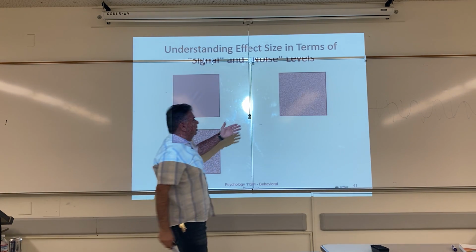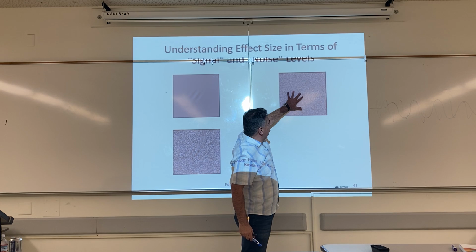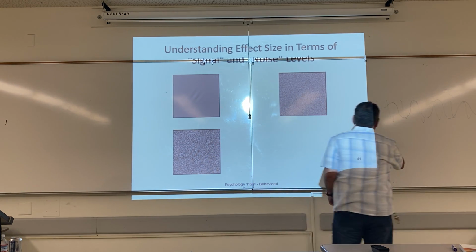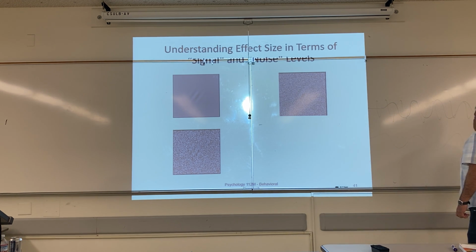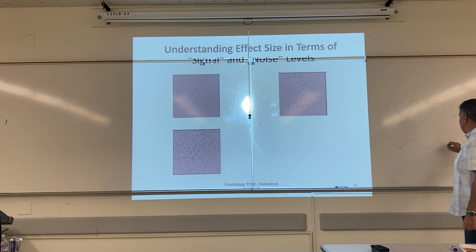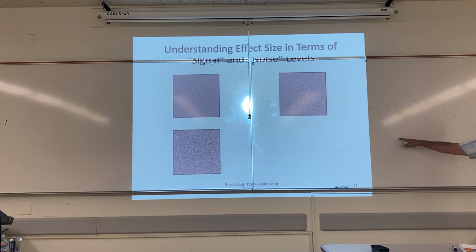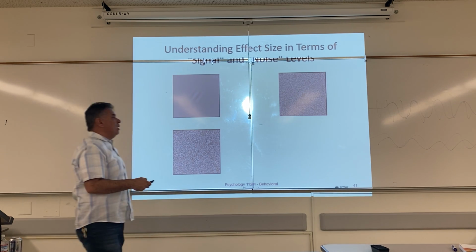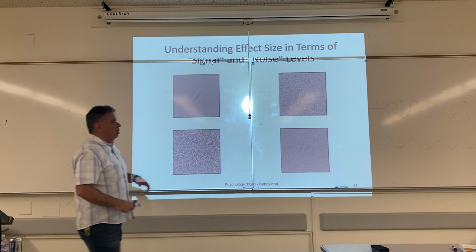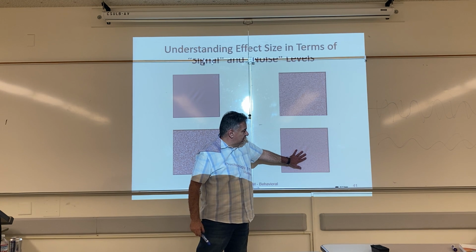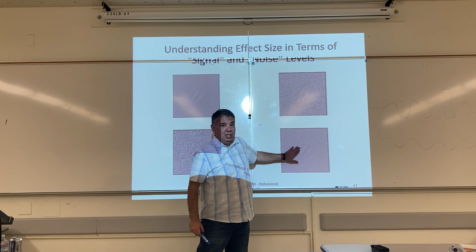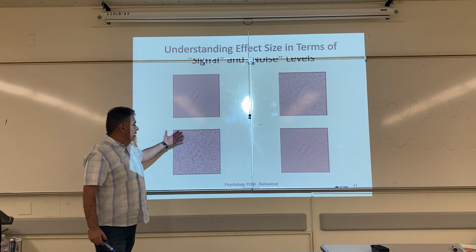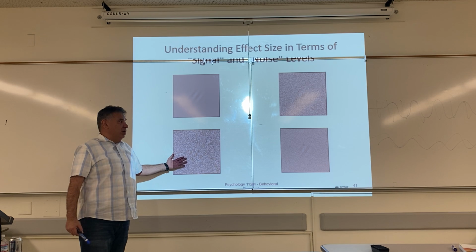Here I start to turn down the noise, and now maybe you can start to see something. Here's my signal again, and here's my noise. You reduce the noise, and you can start to see where the signal is, but it's still too hard. So let me turn down the noise some more. Now we can start to see that wave again right here. Remember, the wave is the signal. This grid, these pixels, that's the noise.